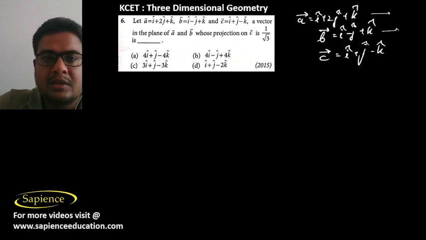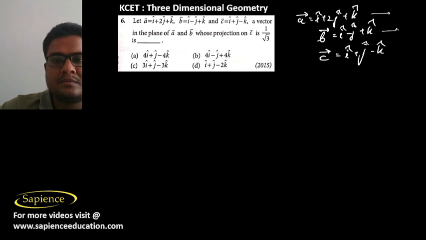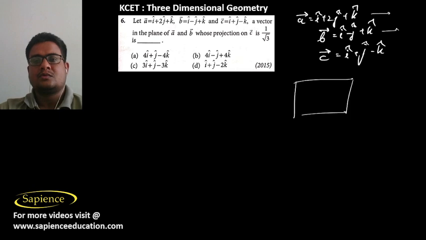A vector in the plane of A and B whose projection on C is 1 by root 3.